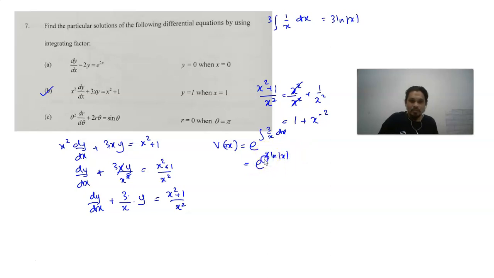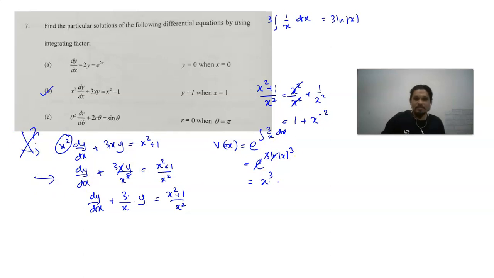Using the log rule brings 3 inside, and e with ln cancel each other, coming out with x cubed. Are we going to multiply x cubed with this equation? No, because the coefficient of dy/dx is not 1, it is x squared, so it's not that. We are going to multiply with the simplified equation here.